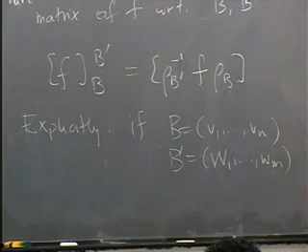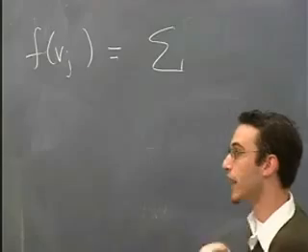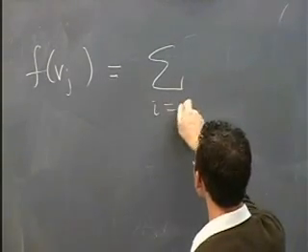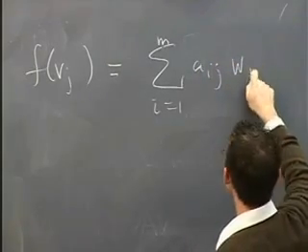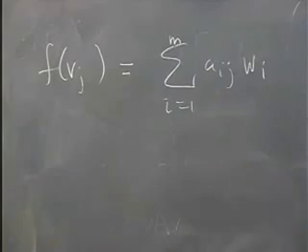That was the defining characteristic of bases. So this looks like the sum, for each of these j's, where j is just ranging over 1 through n, the sum i equals 1 to m of a_ij w_i for some scalars a_ij.